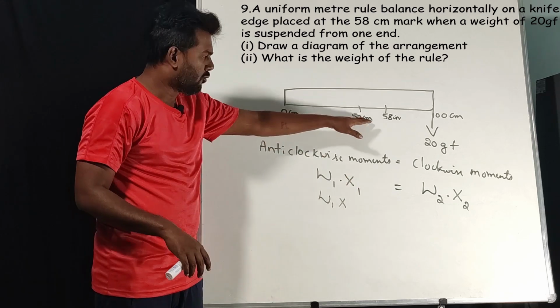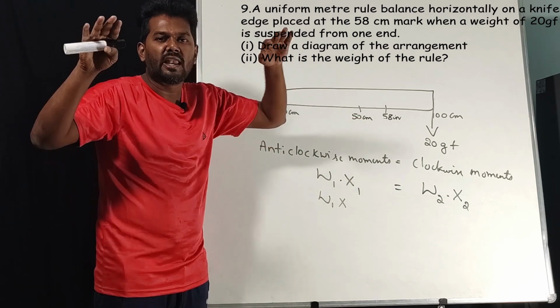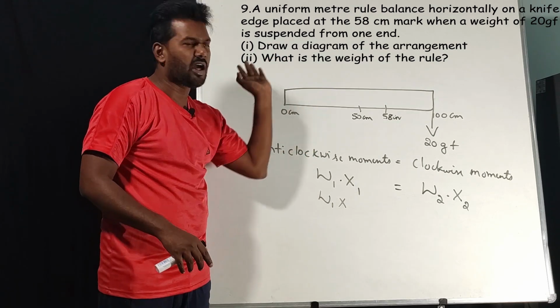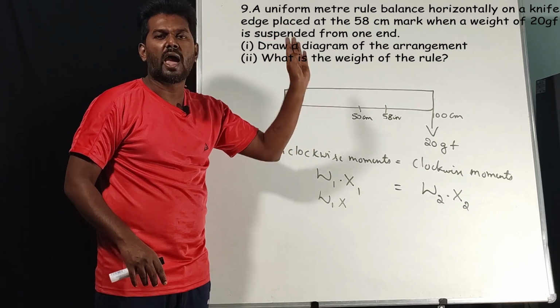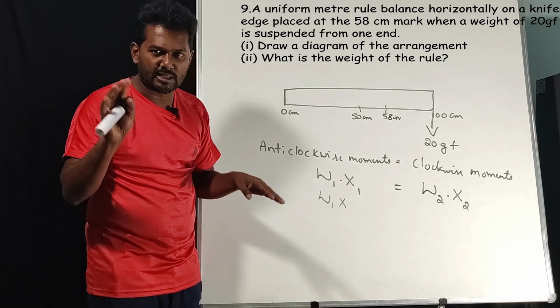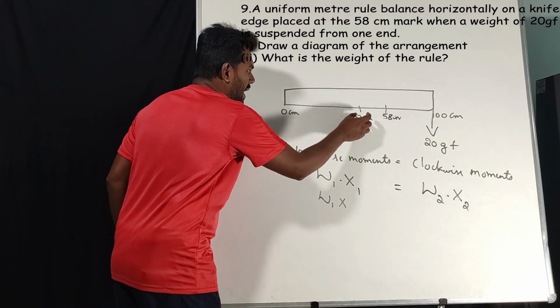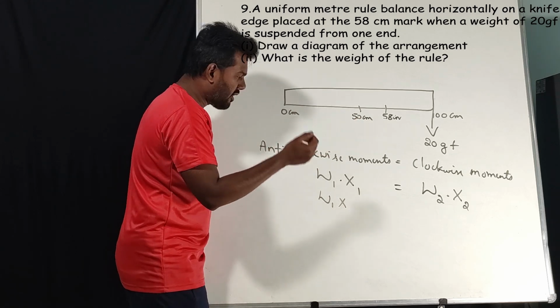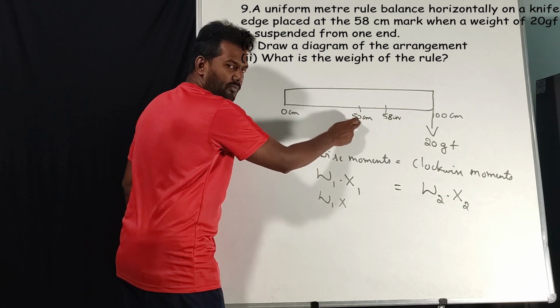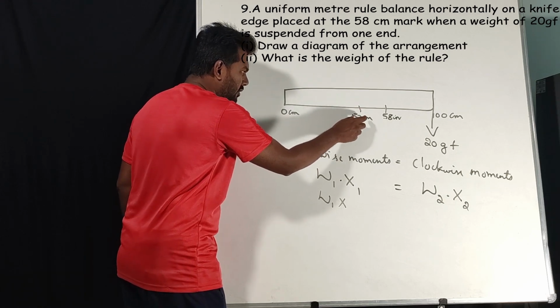Very simple. Listen carefully, very important thing: if on one side, either this side or that side, you don't have a load, then the x1 value will be nothing but the distance from the exact pivot point, the original value of 50 centimeter.